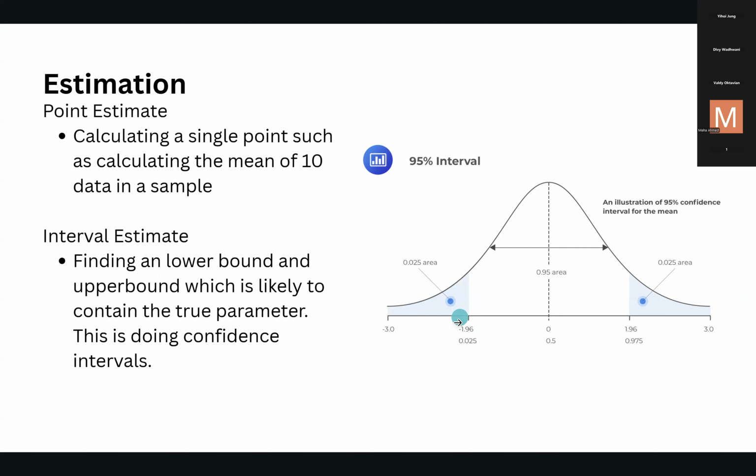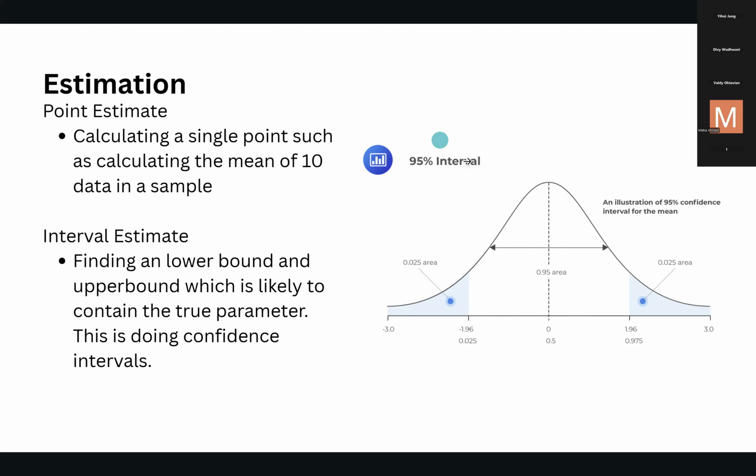And this confidence interval basically tells you that, in this case, it's a 95% confidence interval for the mean. You can think of it as there's a 95% chance of it being inside. That's the very easy way of thinking about it, but it's not exactly correct.